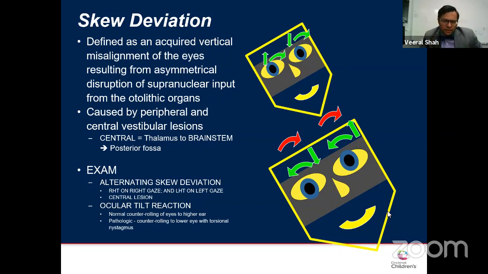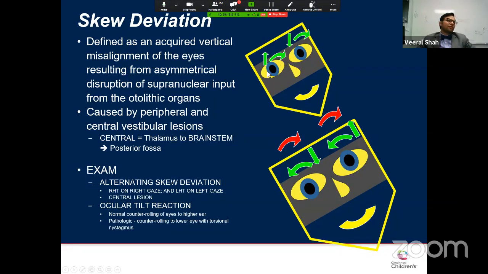So typically, when you turn your head to your right like this, as shown in this picture here, both eyes are going to roll toward the higher ear. In this case, this picture is showing this rolling in the direction of this higher ear.